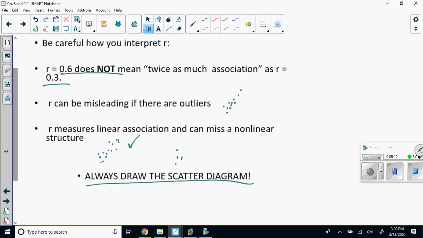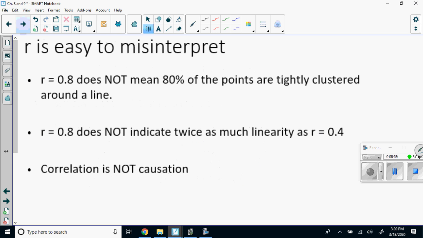But if you have a scatter diagram that looks like this, you're going to want to use a parabola, or y equals x squared, for that, because that's the shape it creates. Or an exponential association, something like this. So linear association uses R. If your scatter diagram or scatter plot is not linear, don't use R.